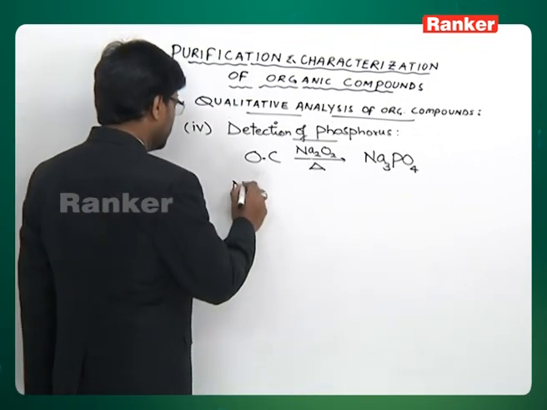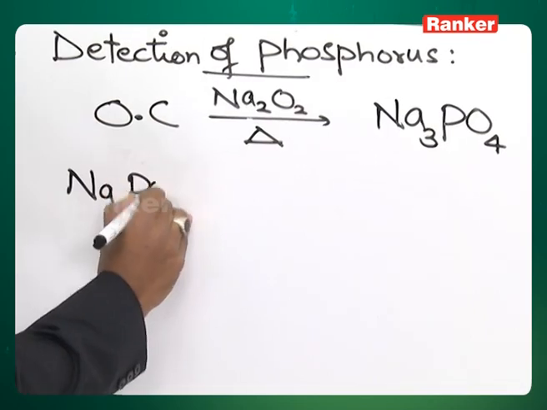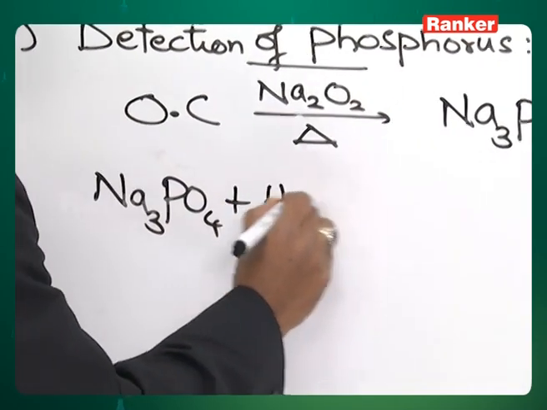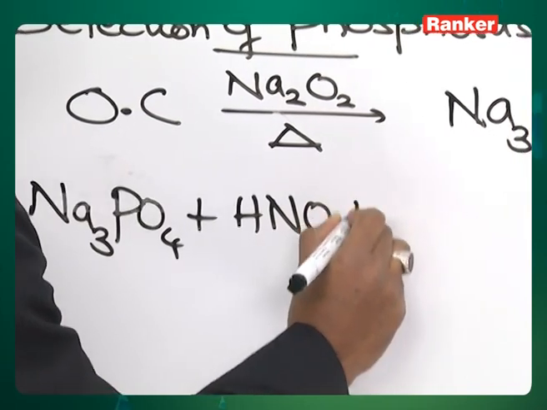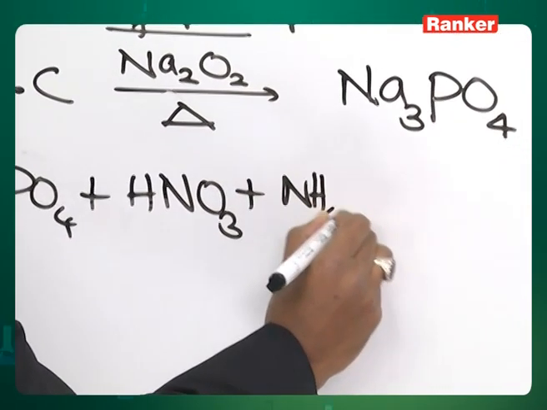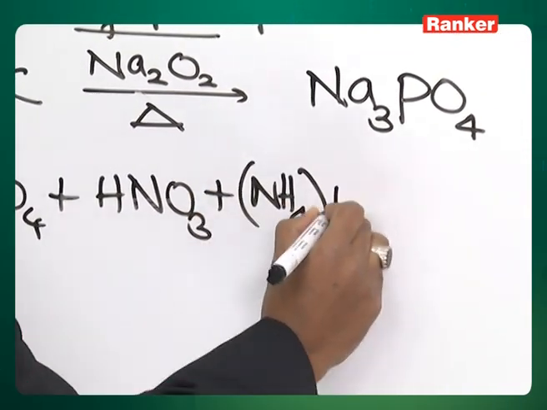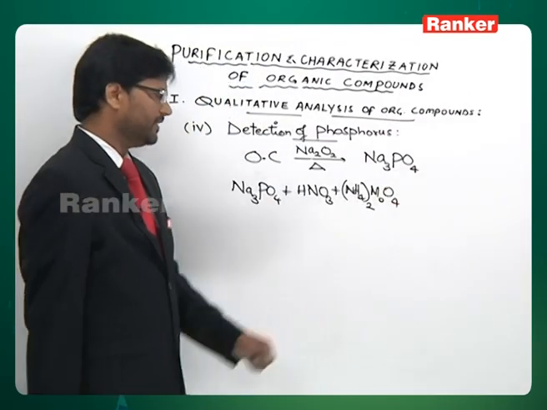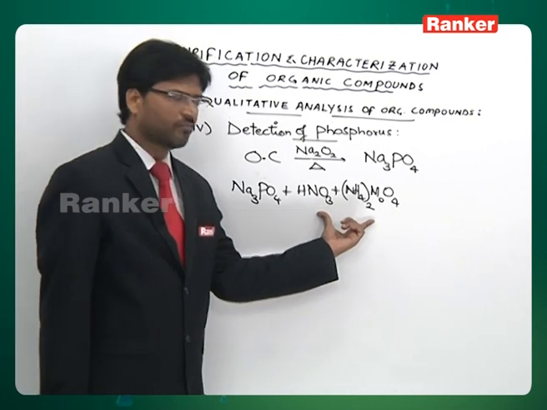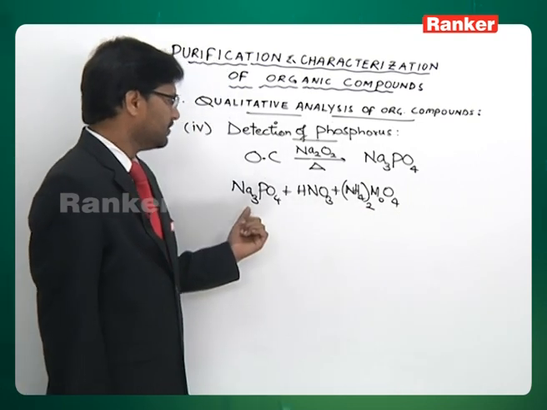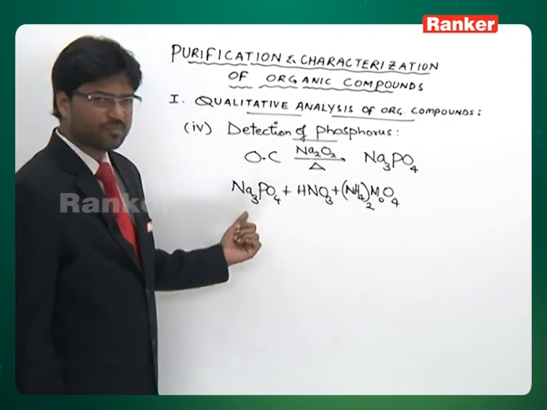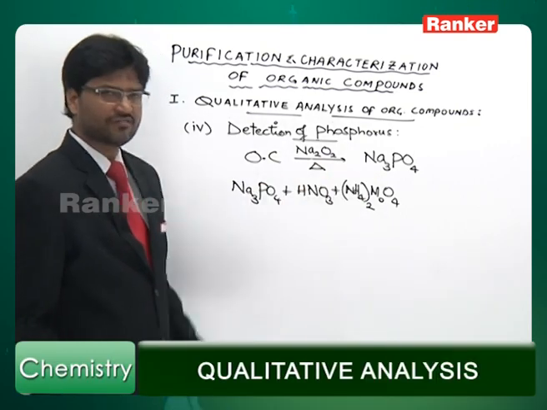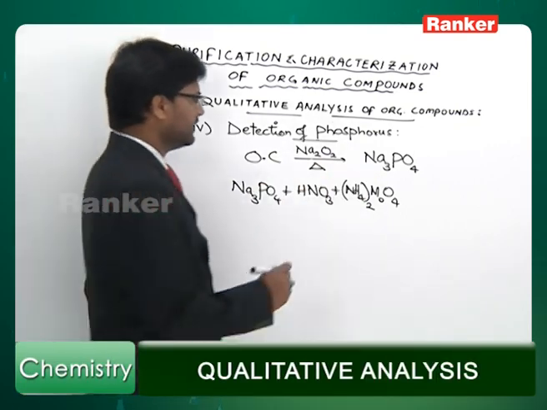Now, to this Na3PO4 we add nitric acid and another substance, ammonium molybdate. We are adding nitric acid and ammonium molybdate to the Na3PO4, which is obtained upon oxidation of organic compound with sodium peroxide.